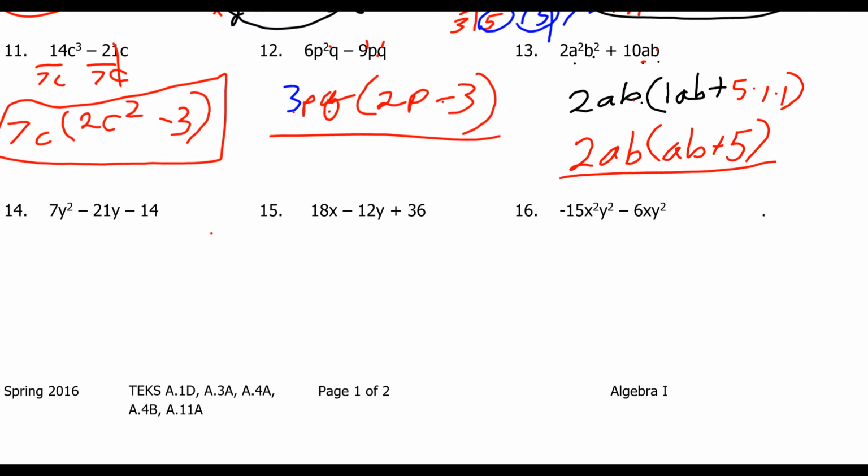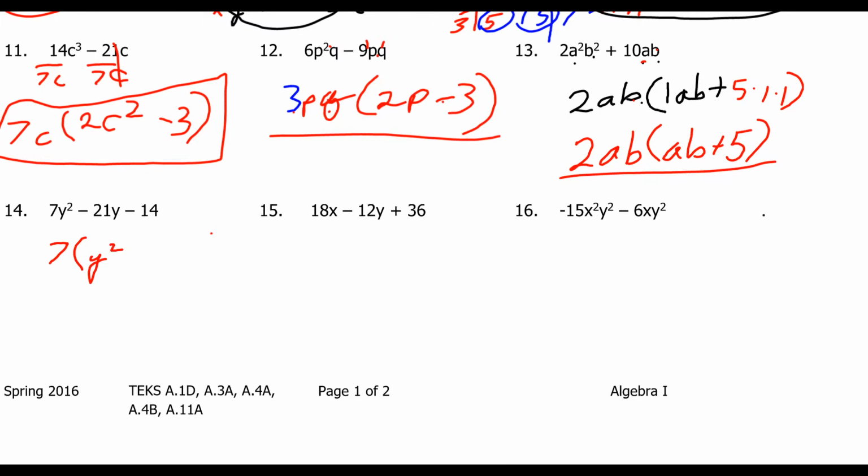All right. Now number 14. We've got 7y squared minus 21y minus 14. All right. Let's see. Numbers that go into all three of those evenly, the only thing I can think of is 7. So we're going to go ahead and try 7 on the outside of 7 times y squared would be 7y squared.